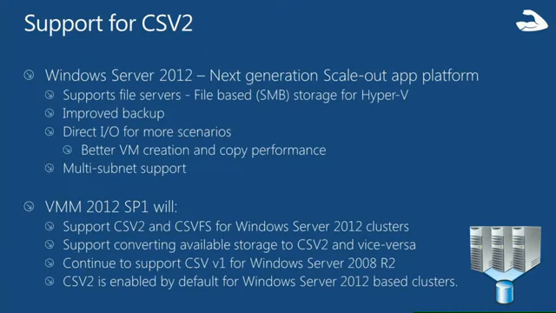All of that continues with CSV v2. In addition, a major performance improvement is that when VMM is deploying virtual machines to a CSV-based cluster, we no longer need to go to the owner node. So you'll find that VM deployment on a failover cluster with CSV v2 is a lot faster. We've been able to eliminate a lot of perf bottlenecks there.